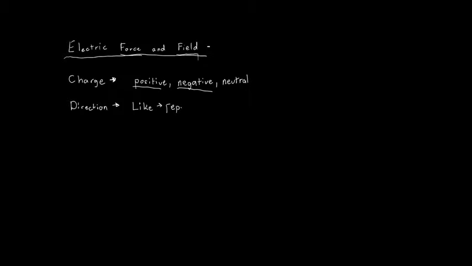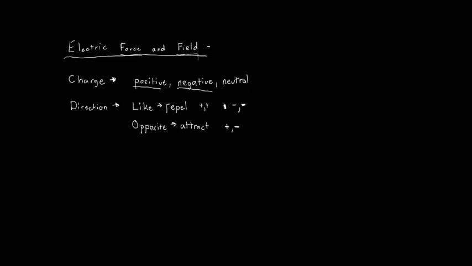So if I have two positives or two negatives, a positive and a positive, or a negative and a negative charge, those will both repel each other. I also know that if I have opposite charges, then they will attract towards each other. So positive charges like to go towards other negative charges.